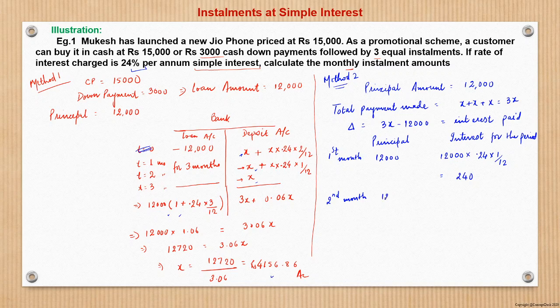The customer has paid x rupees at the end of the first month. So at the start of the second month, the outstanding principal will be 12,000 minus x only, because out of the total loan amount of 12,000, at the end of the first month, the customer has paid the first installment of x rupees. So the principal outstanding will be 12,000 minus x, and the interest will be what?